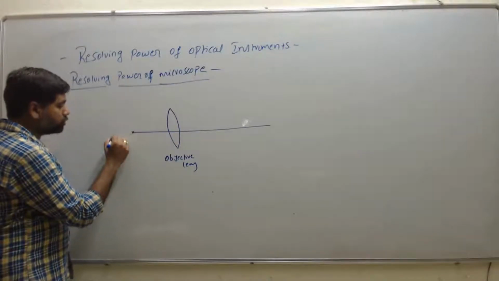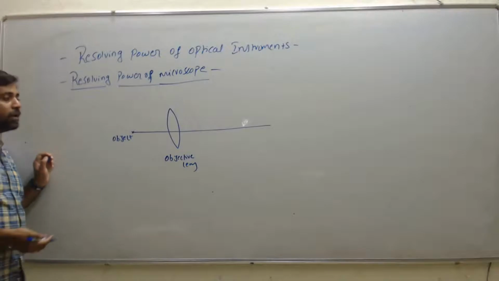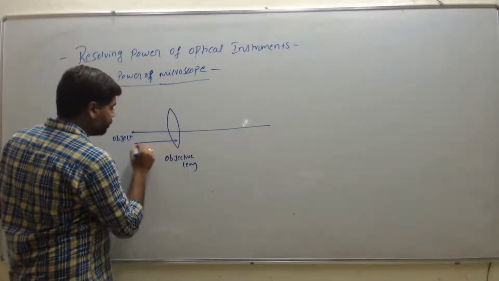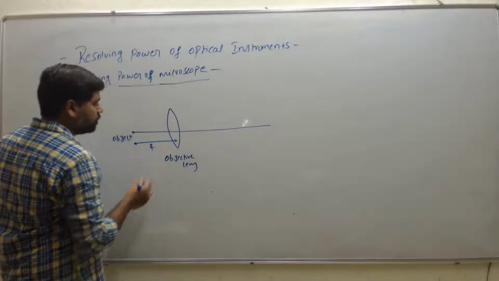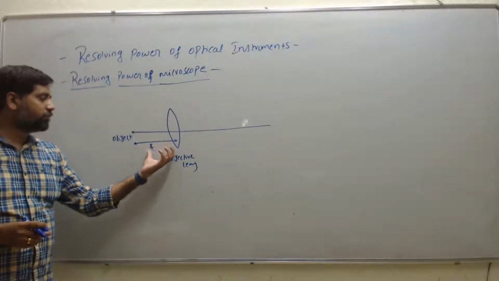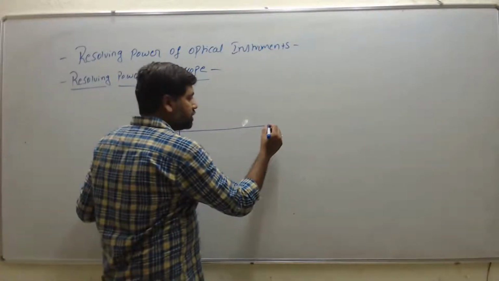So here is the object. It is placed just beyond the focus, that is, near the focal length. Hence the distance at which we place the object from the objective lens is about f. Somewhere here we get the image.